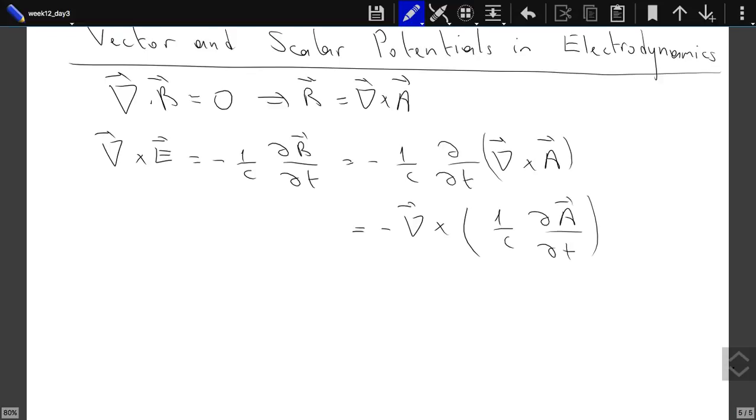In mathematics, no. I mean, it has to be sufficiently smooth, etc. So the curl of E is non-zero, but curl of E plus 1 over c dA by dt is 0.